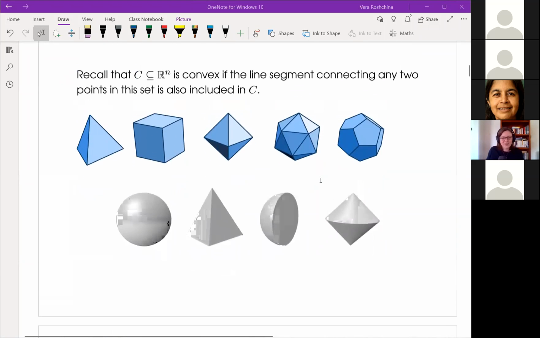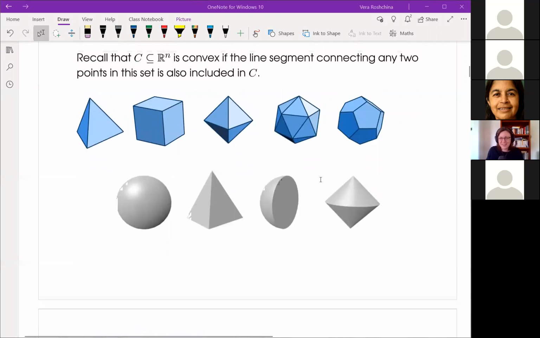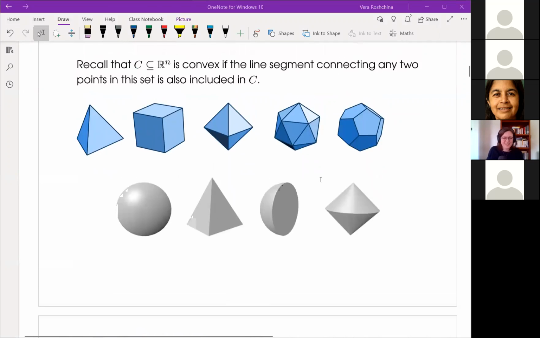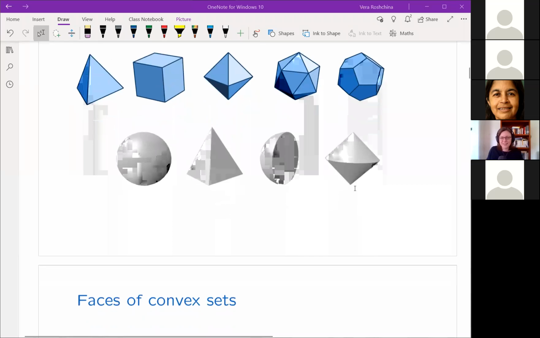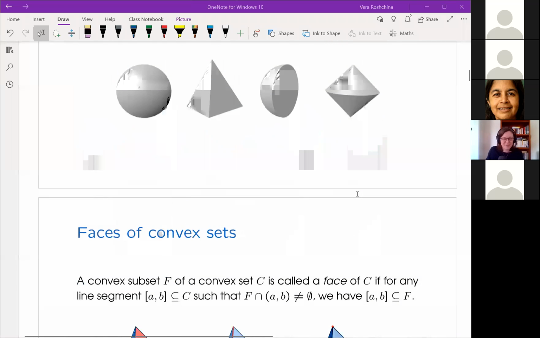Okay, so some examples of convex sets: platonic solids, compact convex sets, Euclidean ball, and tetrahedron, and half of a sphere. You will see why this is relevant. This half of the sphere has a very particular structure of dimensions of the faces, and maybe something like this. There are actually 2 cones joined together.